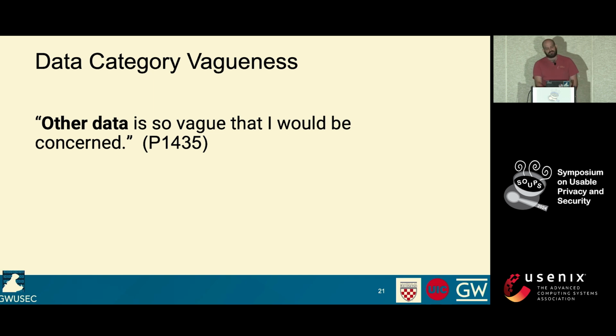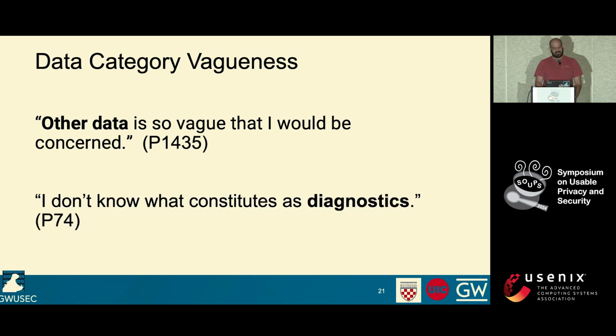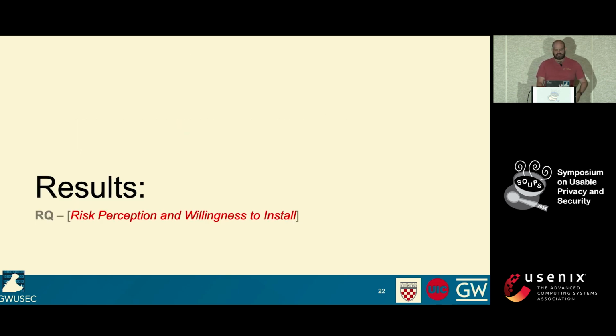One participant wrote, other data is so vague that I would be concerned. Even though maybe it's not that concerning, the lack of description actually causes more anxiety than is needed. And I don't even know what constitutes diagnostic data. So there is some confidence, but also a lot of misunderstandings of what these things are actually doing.